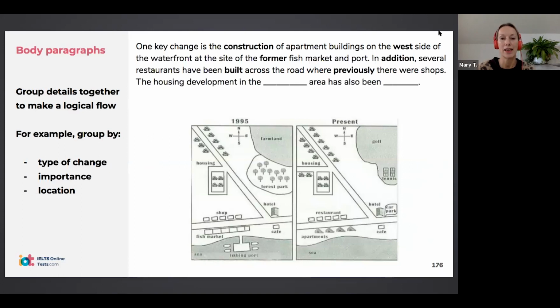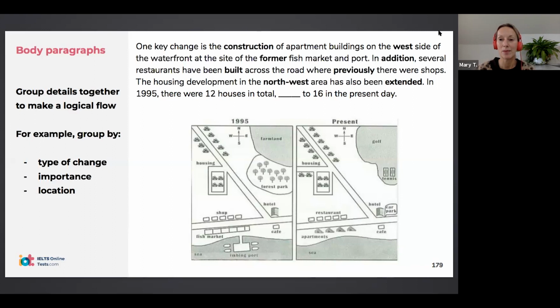The housing development in the something area has also been, which area is that? Yeah, so it's the north, to be specific, it's the northwest area. You could probably just say the north, but northwest area has also been expanded. That's right. So something that implies that, or extended, yeah.